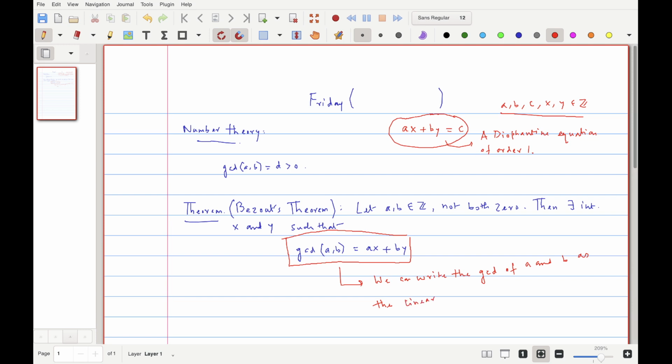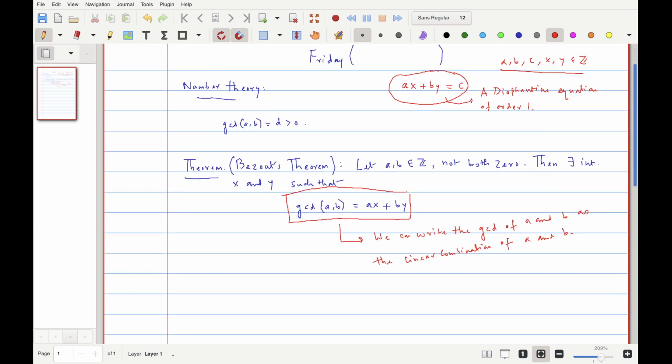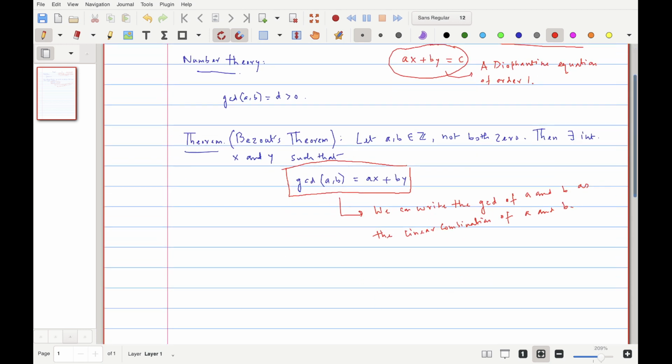Linear combination means in this form: A into some integer plus B into some integer. Linear combination of A and B, which is actually a huge thing because you will understand it later what it signifies.